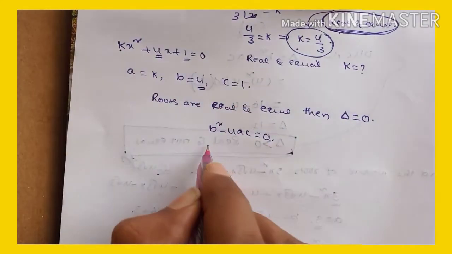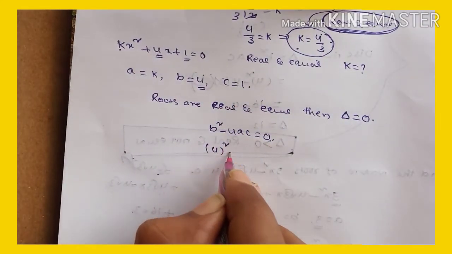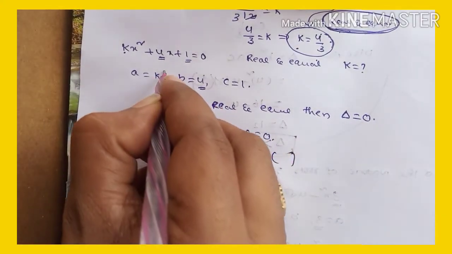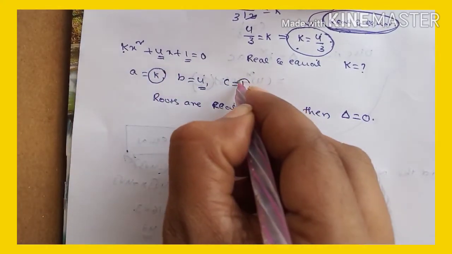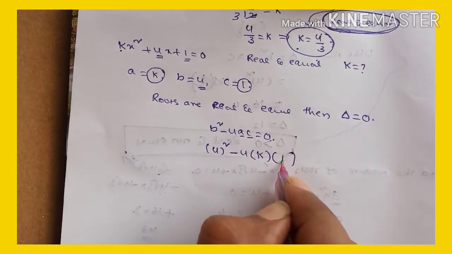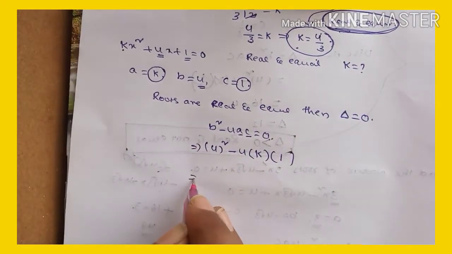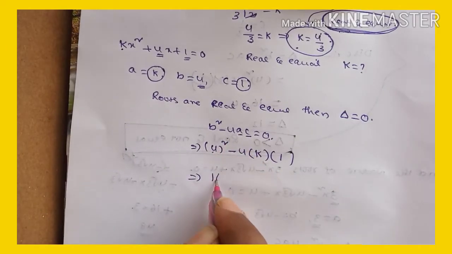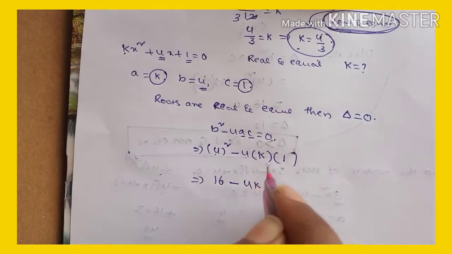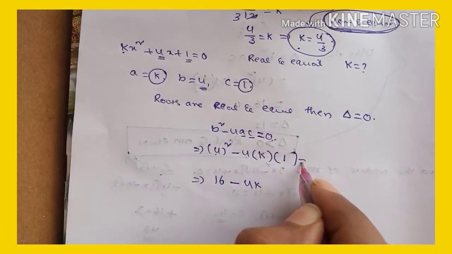b value is equal to 4, so 4 square minus 4 into a c, a value equal to k and c value is equal to 1, so k into 1. Now 4 whole square is 16 minus 4 ones are 4k, and that is equal to what is given, 0.